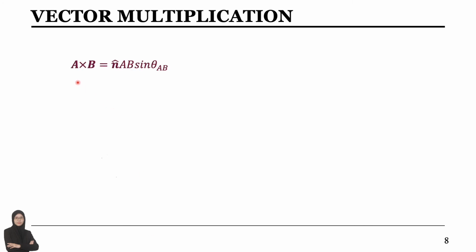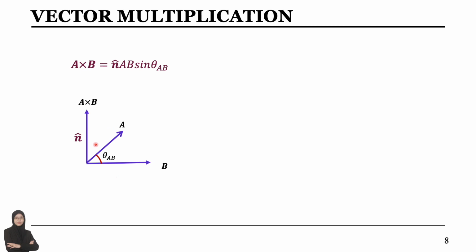A cross product between A and B gives another vector, AB sine theta in the direction of n. Let's take a look at this illustration where we have vector A and vector B. Thus, theta is this angle. It gives another new vector in the direction n.